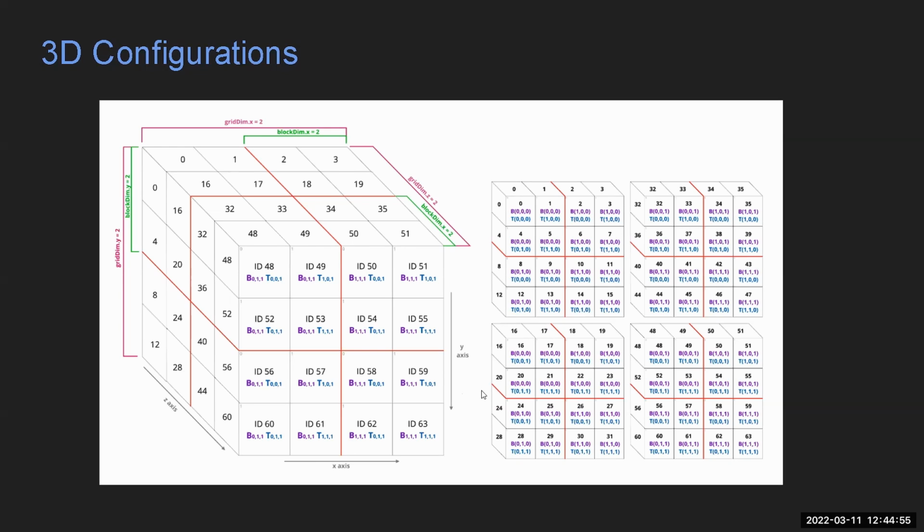Are there any questions about 3D stuff or about the concept of kernel configuration, kernel launch, indexing in general? About the 3D, is there an example where they use 3D?